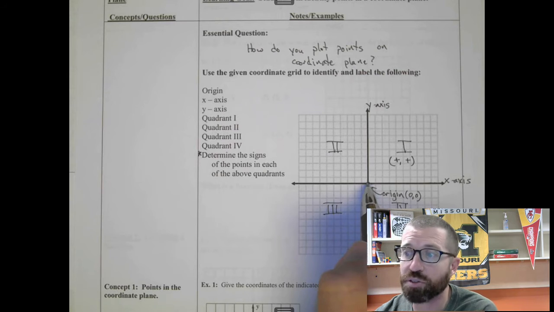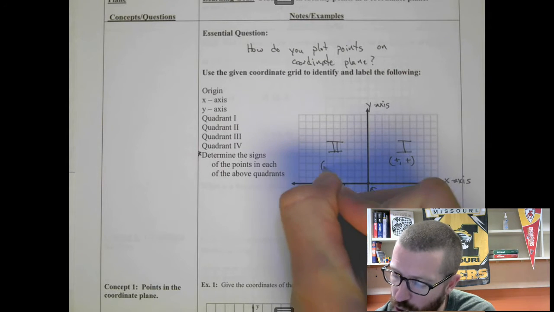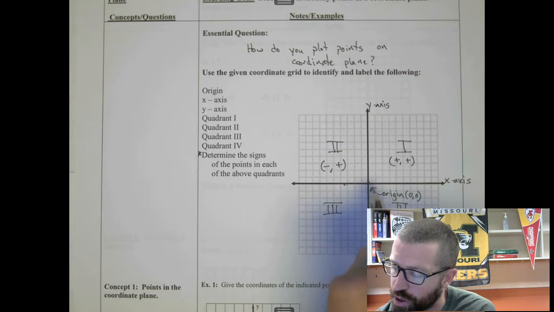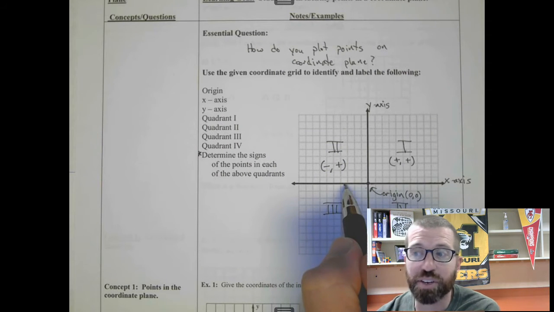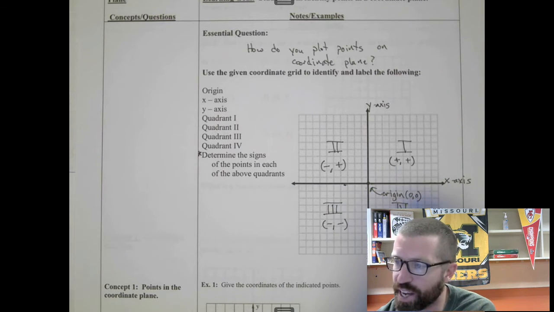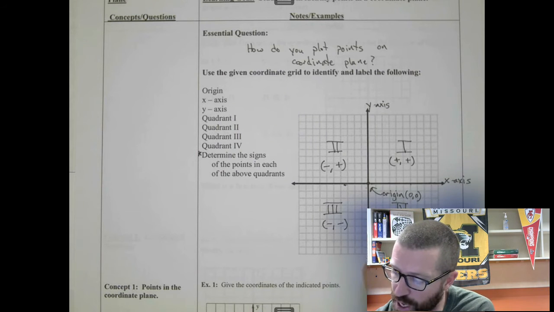Here I would go left, so I'd be negative x and then positive y, because you go up. So this would be negative, positive. Here we go left, which is negative, and down. So everything's negative down in quadrant 3. So we'll go negative, negative. And here we go right and then down. So it's positive, and then down for negative. So this is positive, negative.